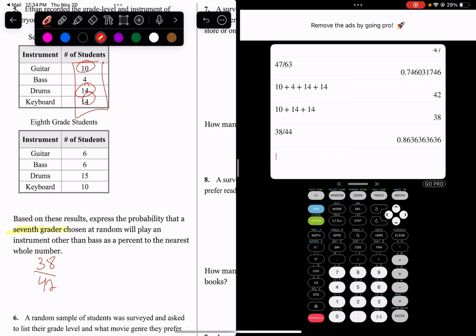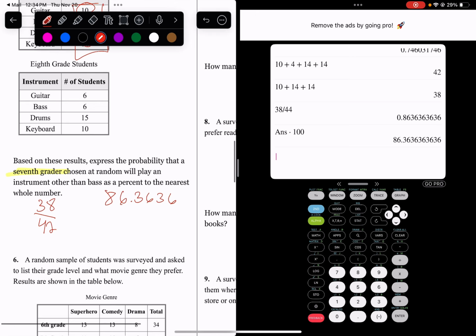And they want this as a percent, okay? So when you need a percent, you do your division and then you multiply by 100, okay? So I end up with 86.3636 repeating, and they want it to the nearest whole number. So I have to cut it off here, and the 3 tells my 6 to stay the same. So I get 86% as my answer.